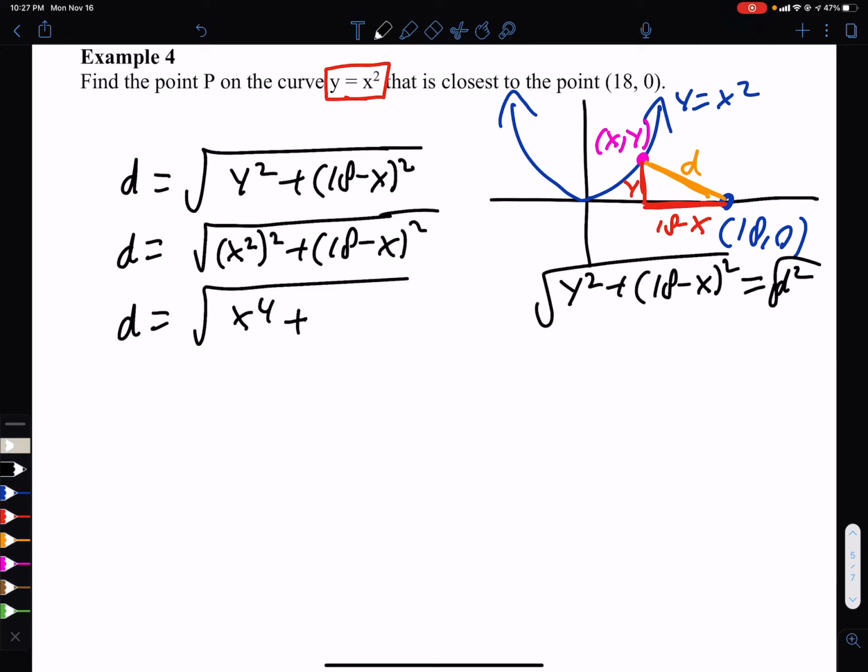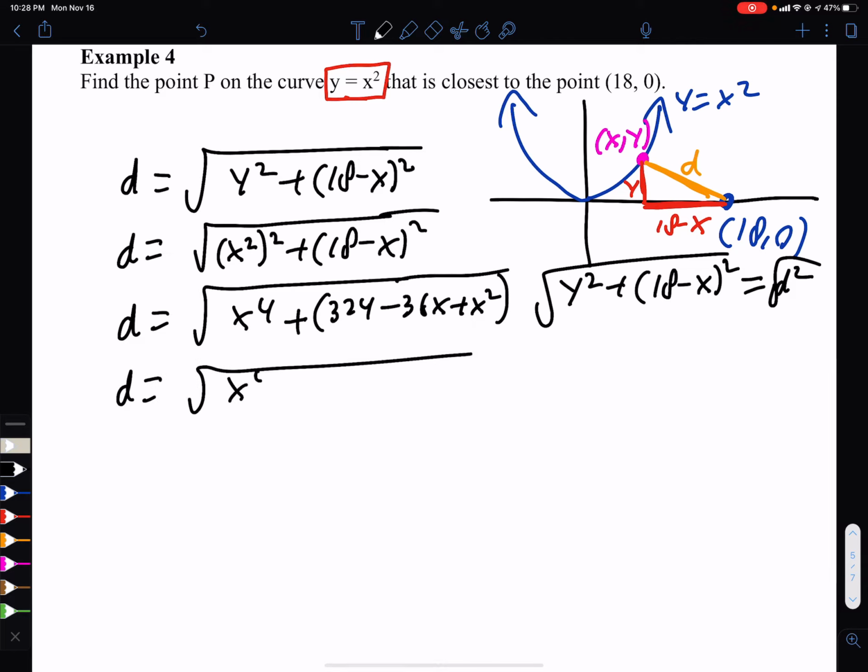Let me multiply that out. That's 324, minus 36x, plus x squared. And we can combine like terms and get this.